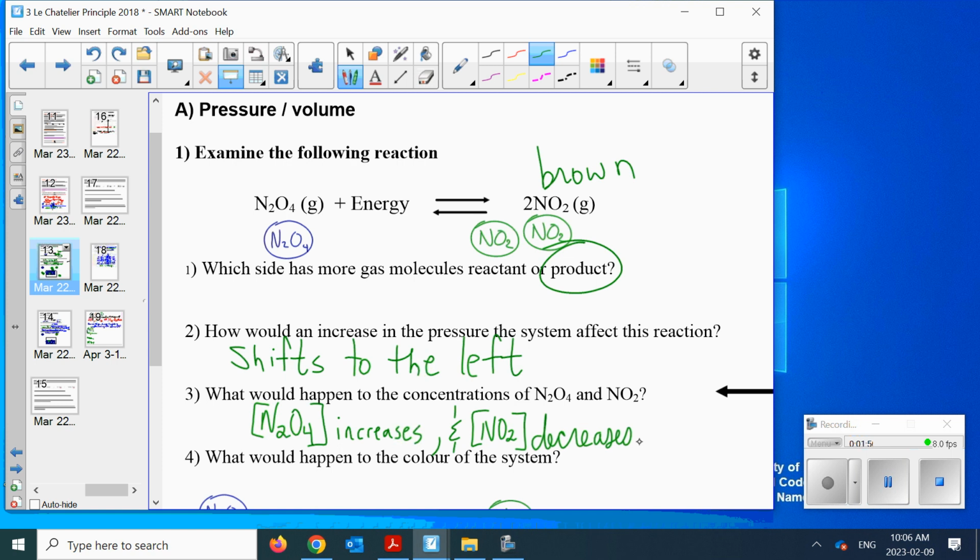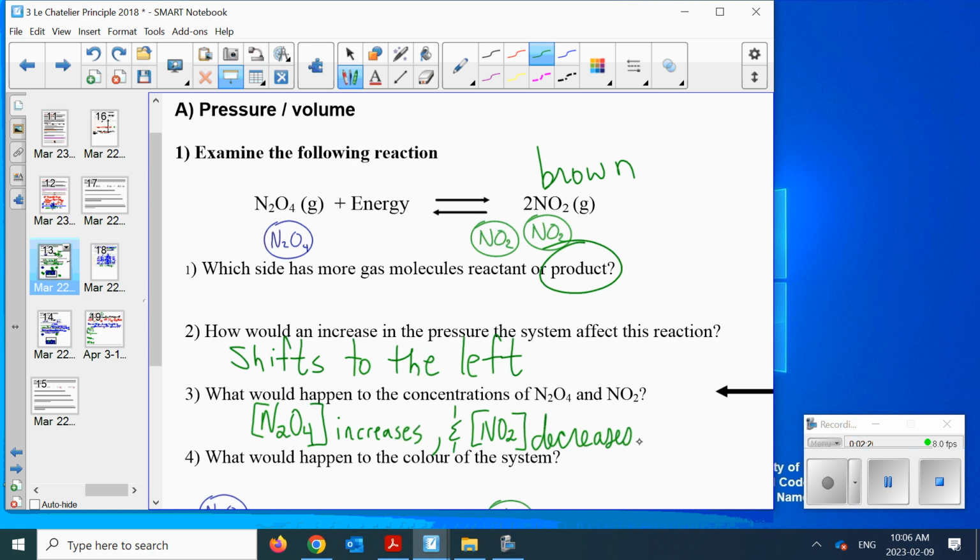If you increase the N2O4 and decrease the NO2, what would happen to the color? Brown, colorless. What were we thinking? We would just say less intense color. It would just fade out. The color would fade out. I don't like saying less brown.